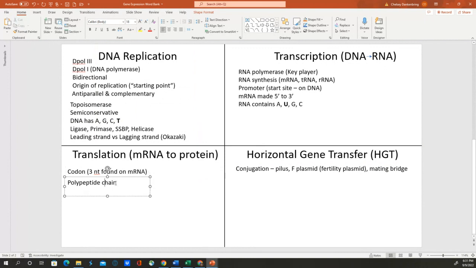And proteins are made up of amino acids. Okay, these are things we already talked about. All right, what are some other words that go under translation? Good. So I'll put our key players here.